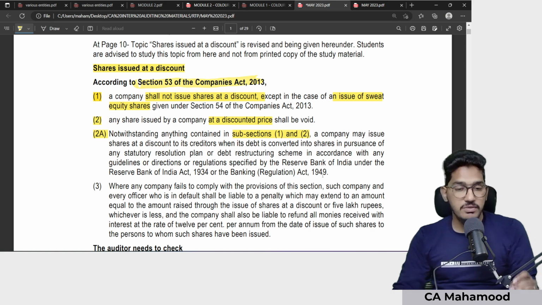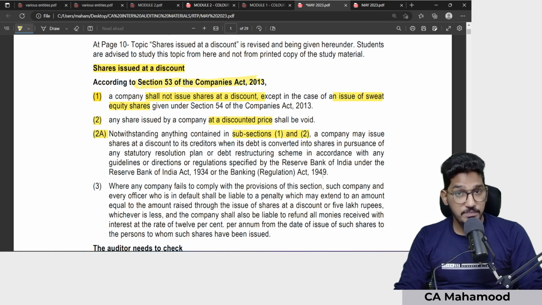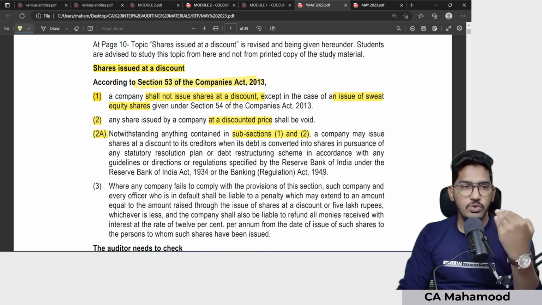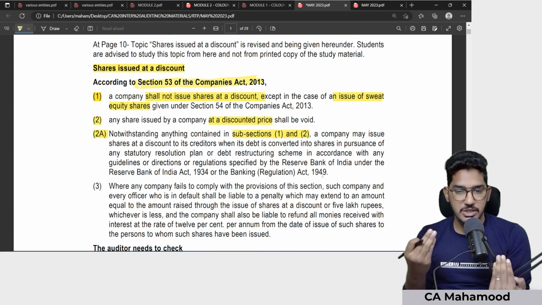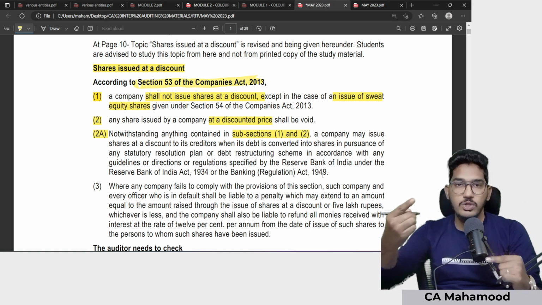Notwithstanding anything contained in subsection 1 and 2, a company may issue shares at a discount in one case. Now they are giving one exception, you can say. First they have told it is void, now they are giving one exception. In case the company wants to issue shares at a discount, they can do it in one case. What is that case? Sweat equity shares, we know. In addition to that, one more case they are saying here.